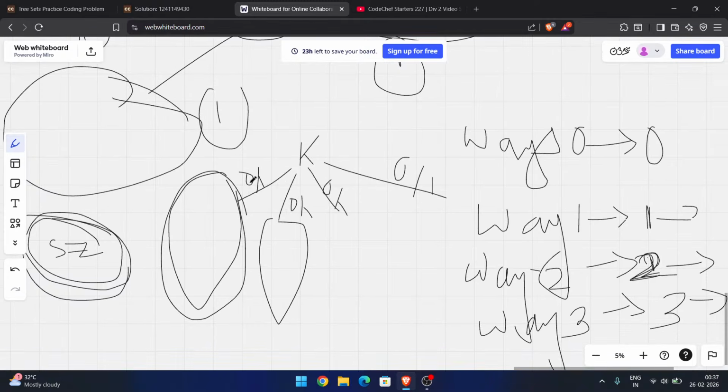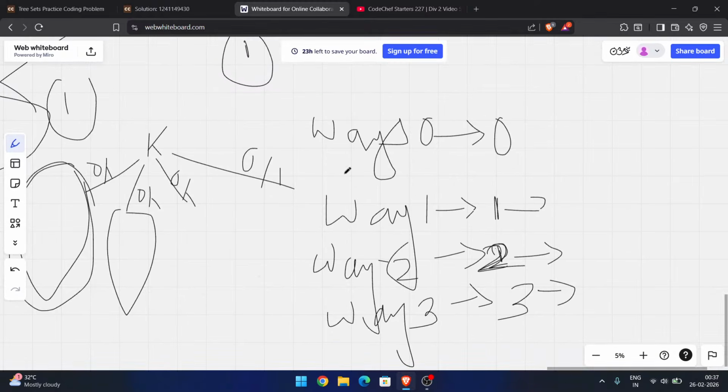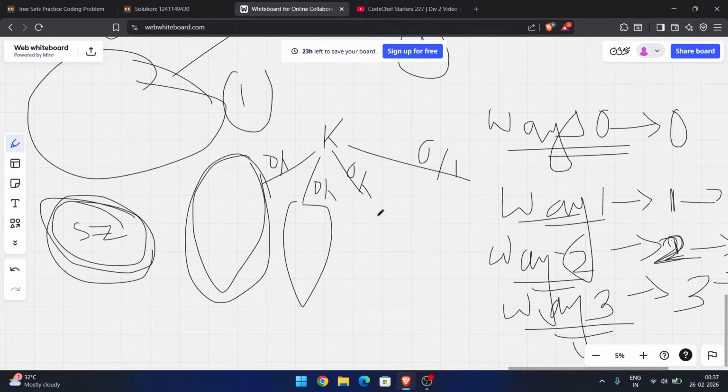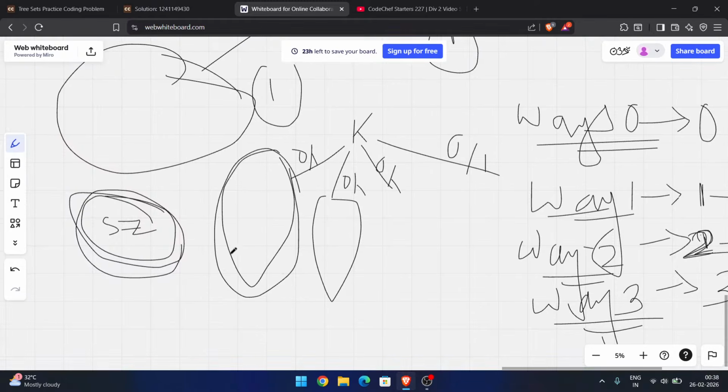Suppose we decide not to take anything from this branch. Then the number of ways would be the same, because we are not doing anything. The case only changes when we decide to take from this branch. Then at most we can take one, so the number of possibilities is the size of this branch.